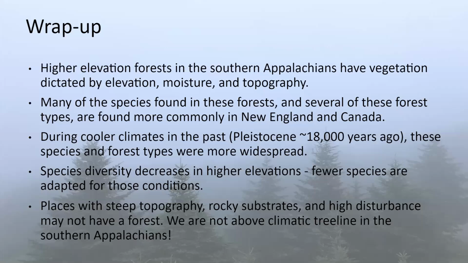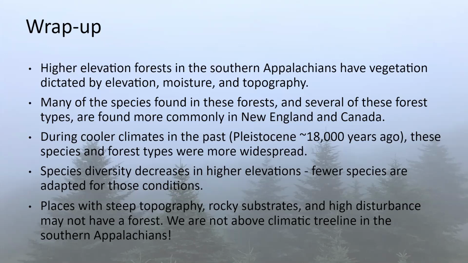I might ask you to give an example of a Southern Appalachian endemic. That's a species only found in the Southern Appalachians. We think that during cooler climates in the past, for example, most recently the Pleistocene about 18,000 years ago, the species that we see here today as remnants were much more widespread. And so now we just have these little sky islands that have some of these boreal species.